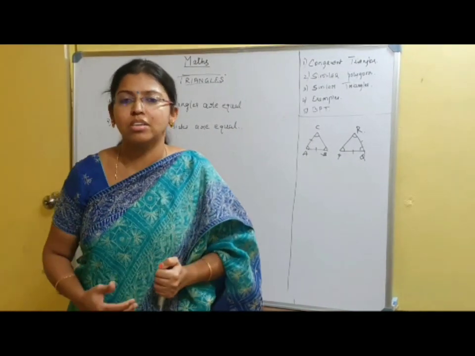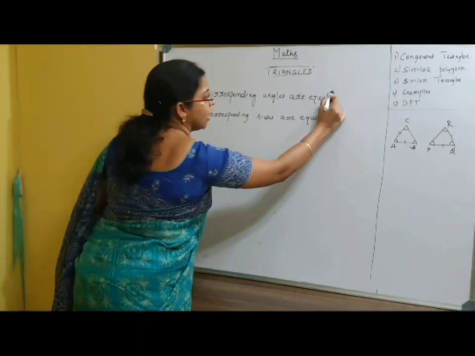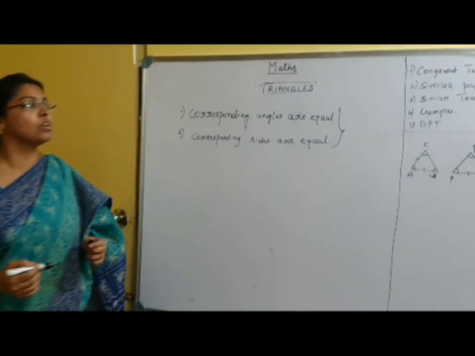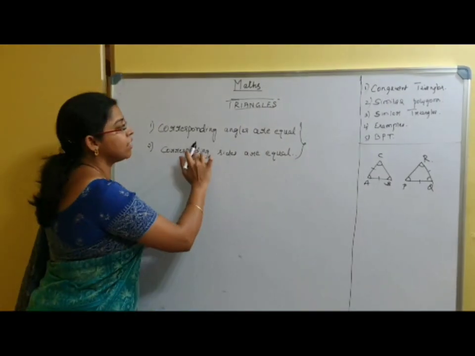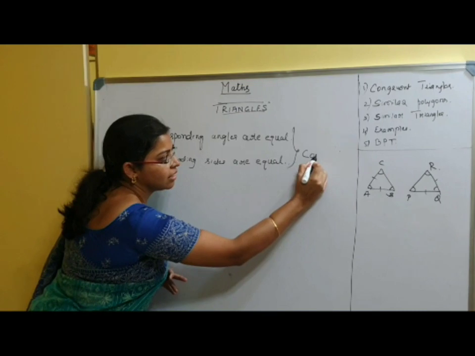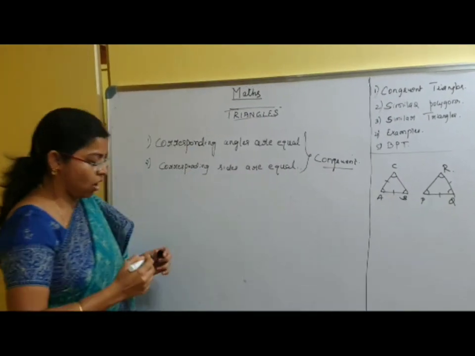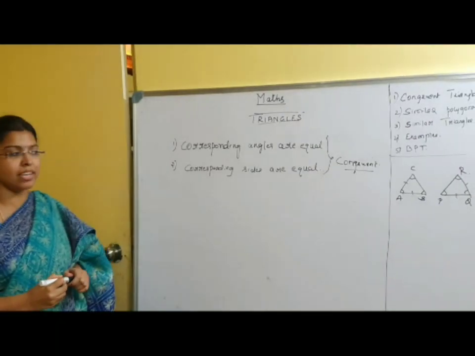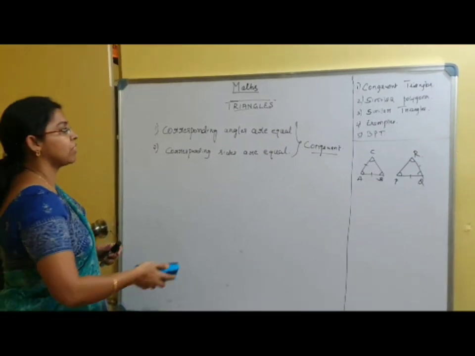Now we will move on slightly to a different concept from congruency. So what did we conclude last year? We can say that two polygons are congruent if the corresponding angles are equal and corresponding sides are equal. Now we see a small change in this.